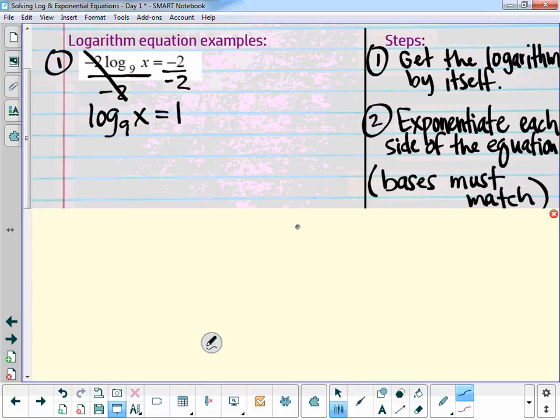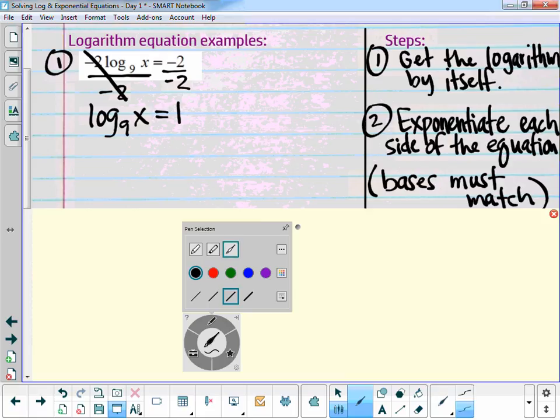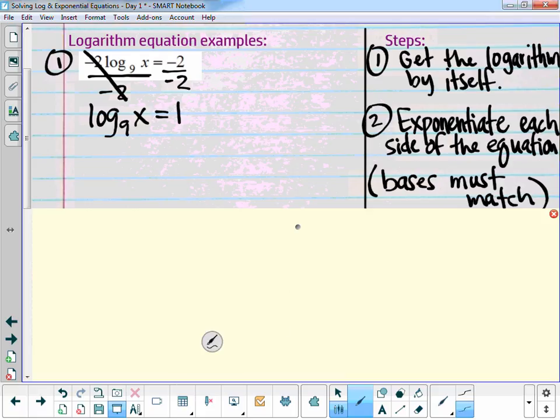What is the base of the log? 9, right? So then we want to exponentiate using 9 as the base of the exponent. So I'm just going to put a 9 here. Okay, so it'll be 9 to the power of log base 9 of x, and what I do to one side of the equation, I have to do to the other. So then I'm going to put a 9 here below the 1.